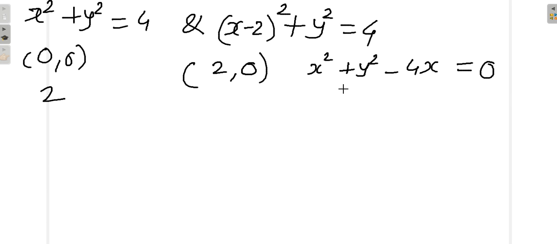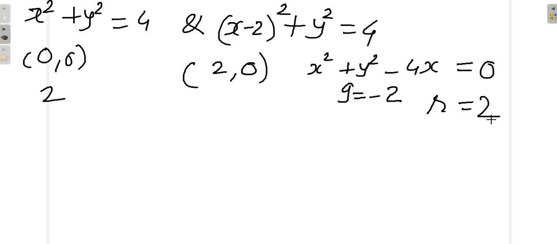And if you use the same thing, g square plus f square minus c, you will get 2g equal to minus 4, that gives you g equal to minus 2. f and c are 0, so the radius will be 2 again.